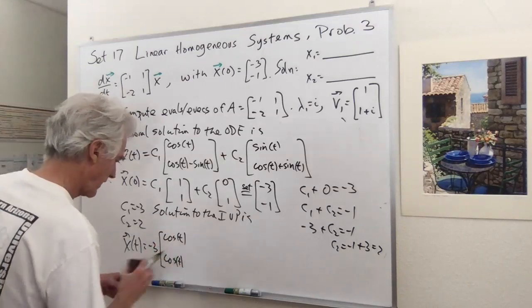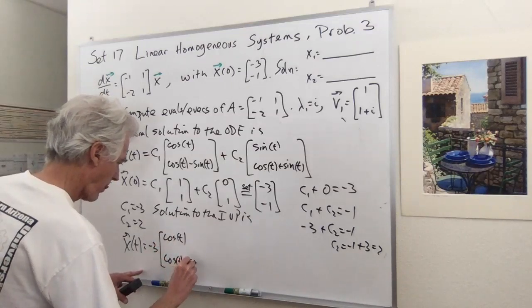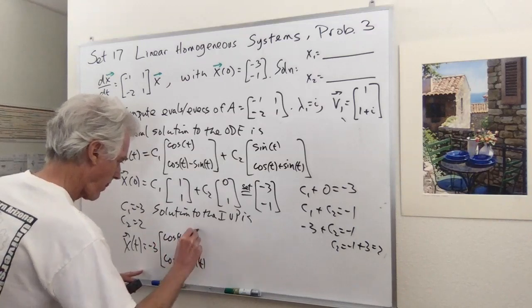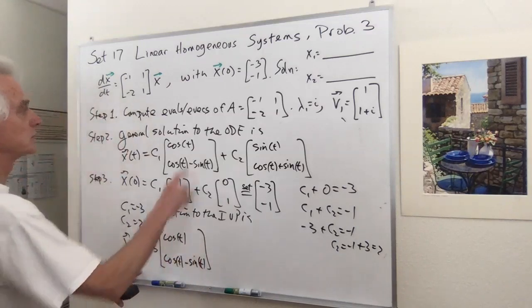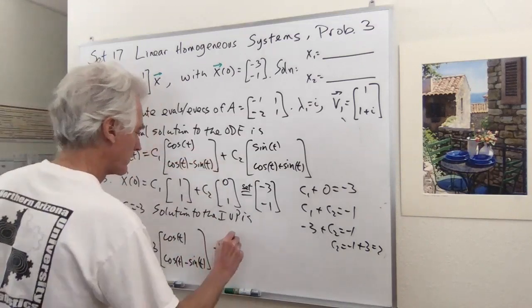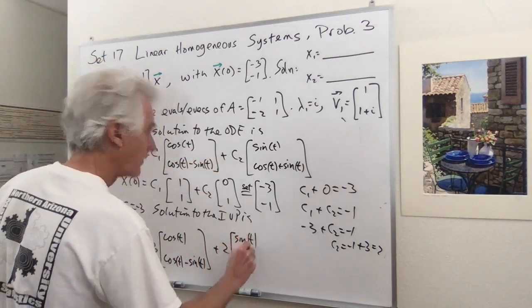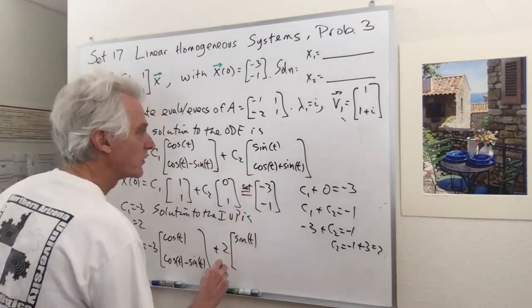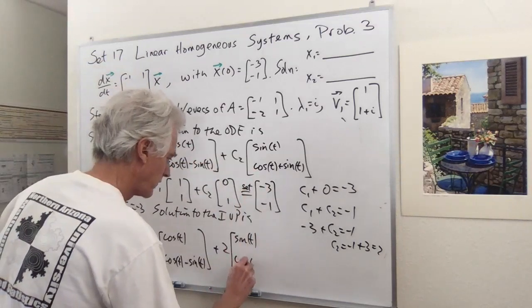I want to make sure we get it right. Plus c2, plus 2, times (sine t, cos t plus sine t).